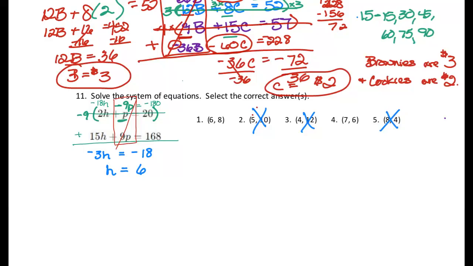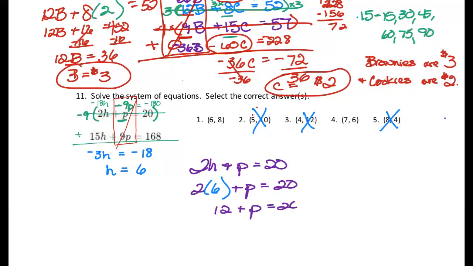Because this is H and P, don't really know which one is first. So you substitute 6 back into the original equation. I'm going to do the first one, which is 2H plus P equals 20. 2 times H, which we now know is 6, plus P is equal to 20. 12 plus some number P is 20.